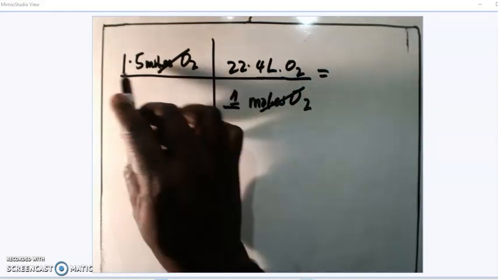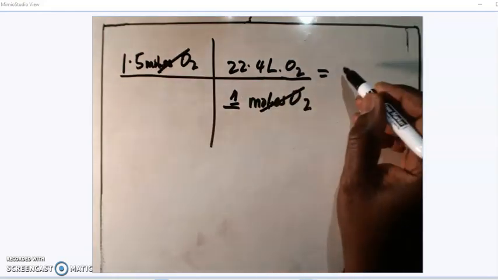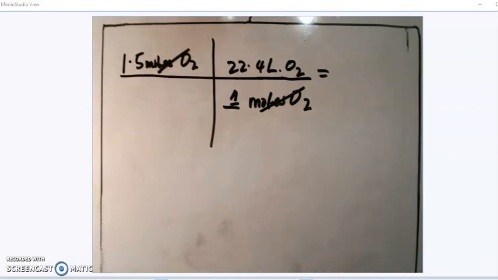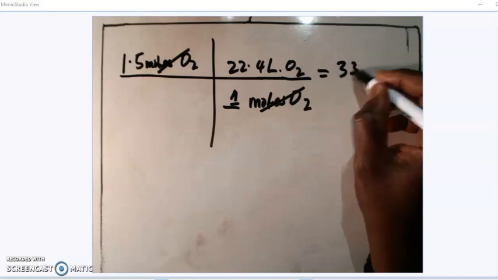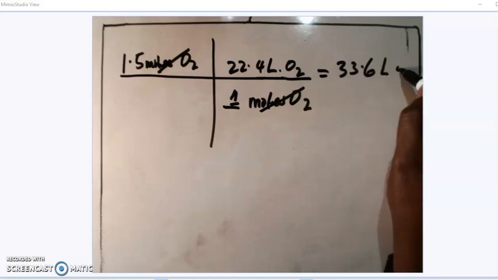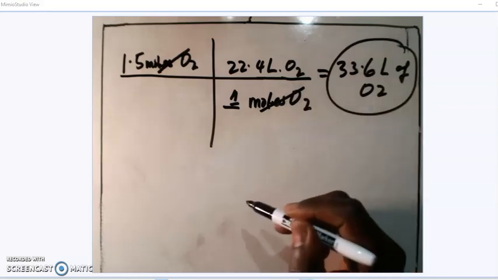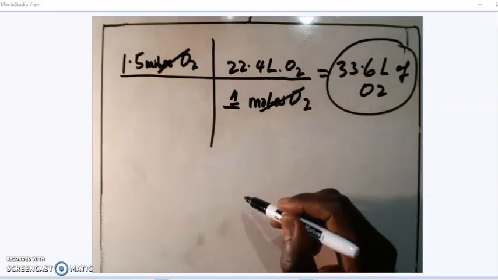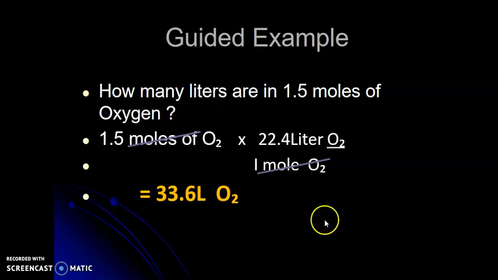So what you need to do is multiply 1.5 by 22.4, and that will give us 33.6 liters of oxygen. So this is our volume of oxygen that is going to be used. All right, it's as simple as that. And here you go, that is what we get, 33.6 liters of oxygen.